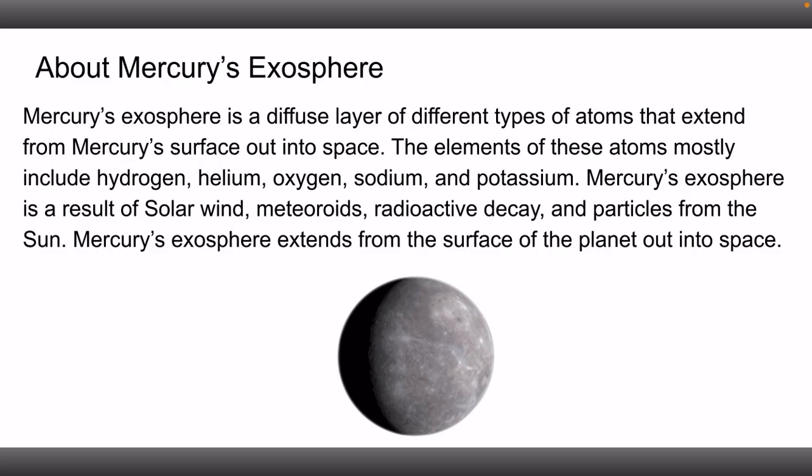The elements of these atoms mostly include hydrogen, helium, oxygen, sodium, and potassium. Mercury's exosphere is a result of solar wind, meteoroids, radioactive decay, and particles from the sun. Mercury's exosphere extends from the surface of the planet out into space.